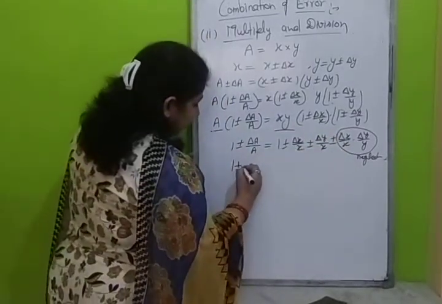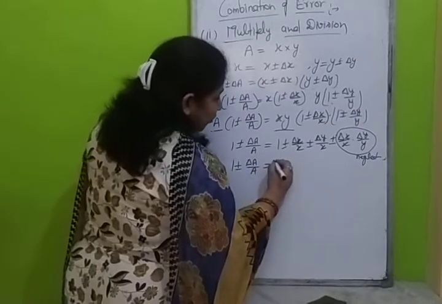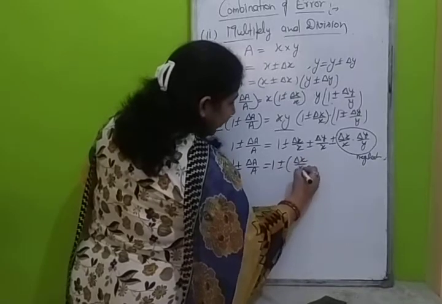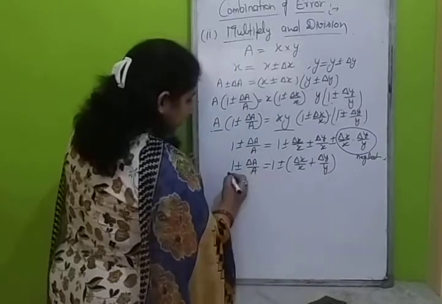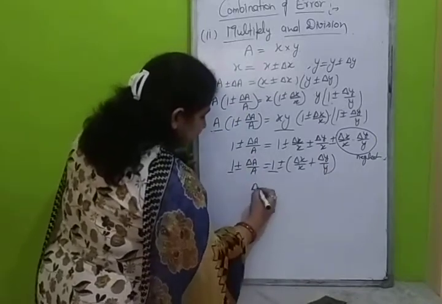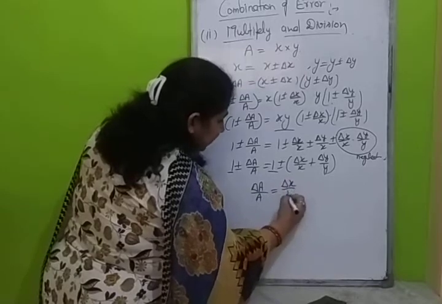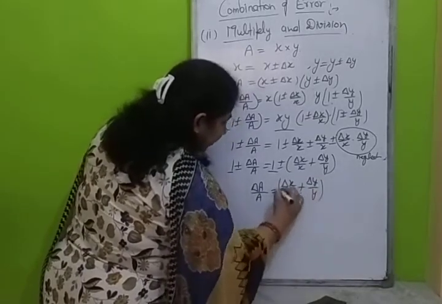Now we have 1 plus minus delta A upon A is equal to 1 plus minus (delta x upon x plus delta y upon y). Got it? This 1 will be cancelled out. Means delta A upon A is equal to delta x upon x plus delta y upon y.